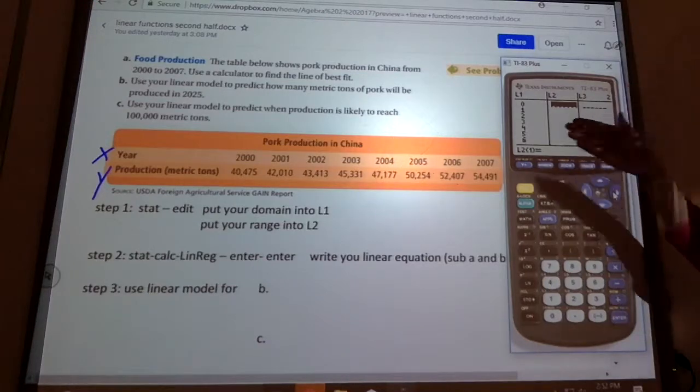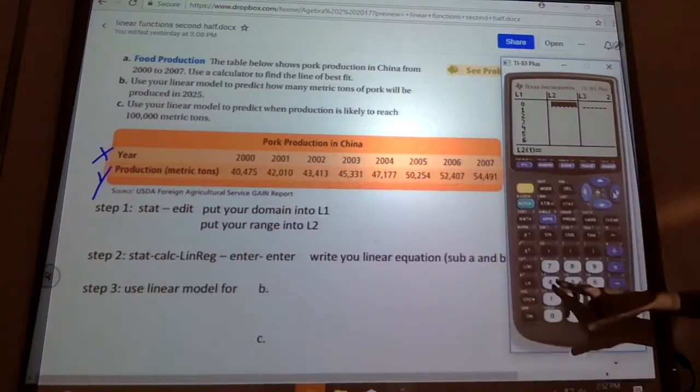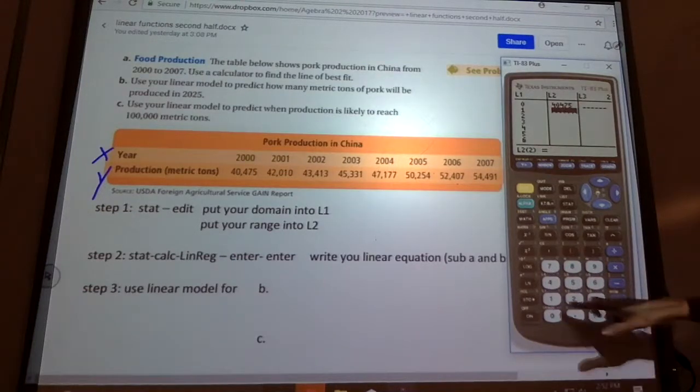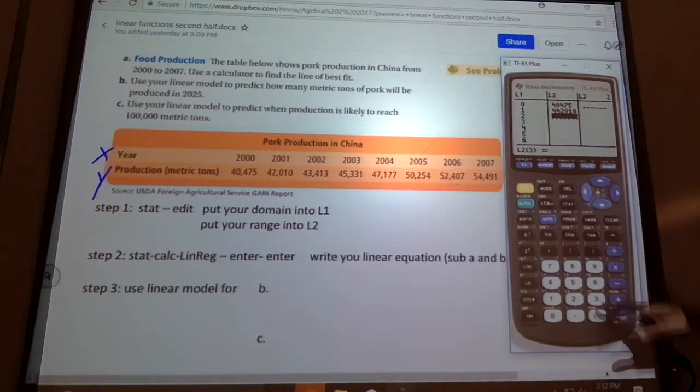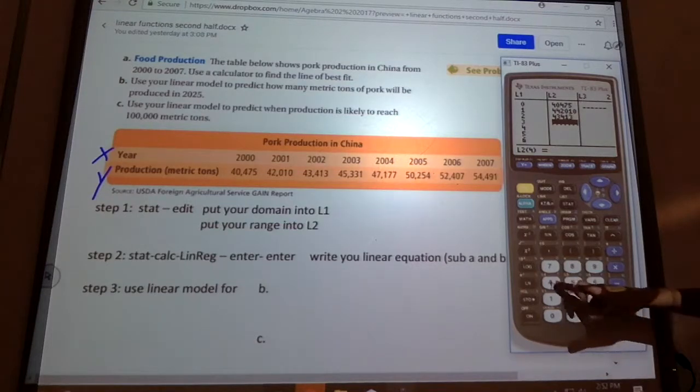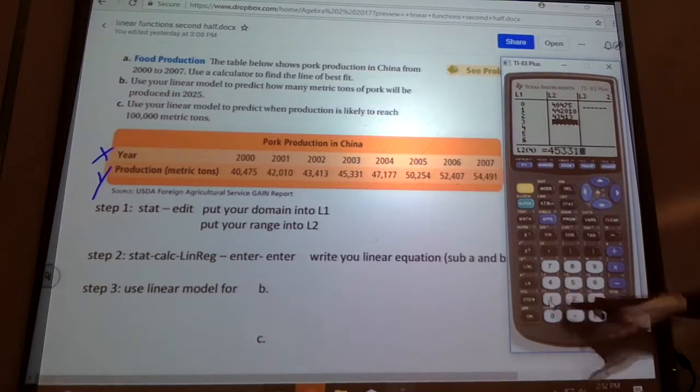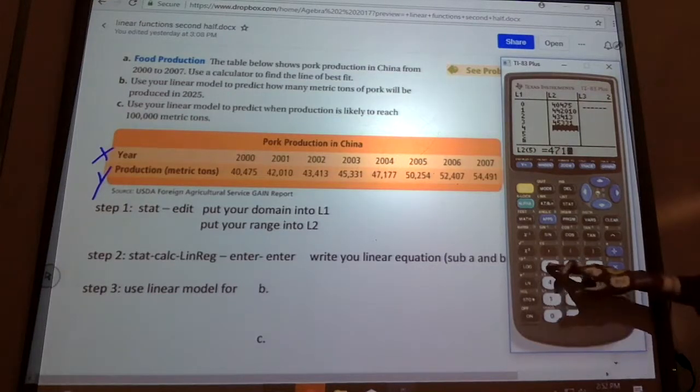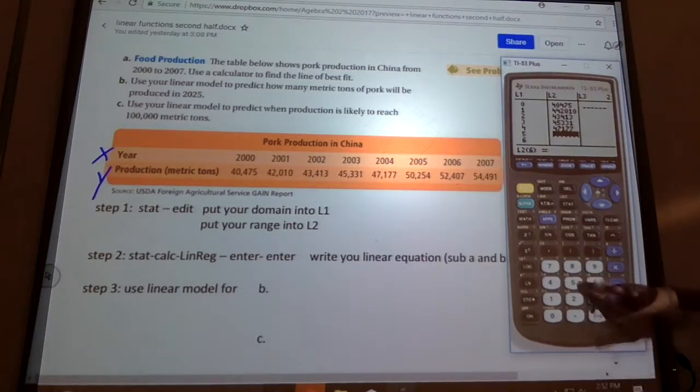And then your list 2 is going to be your production. So 40, 42, 43, 45, 50.